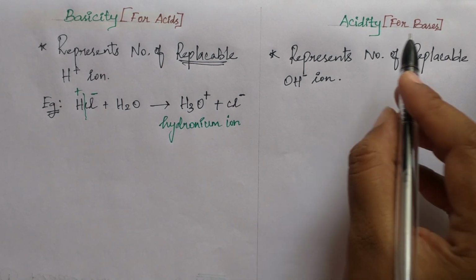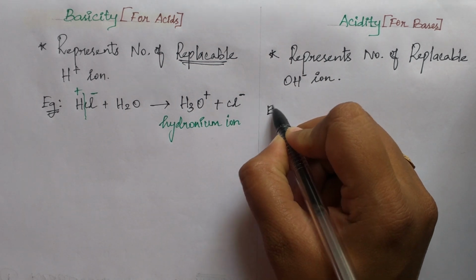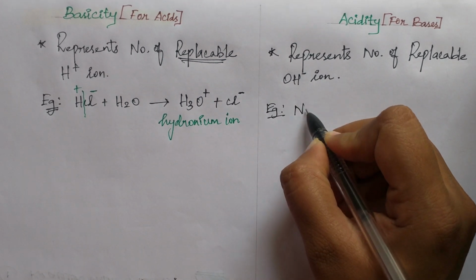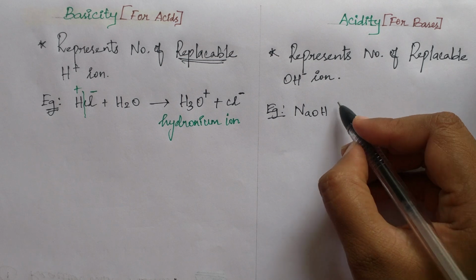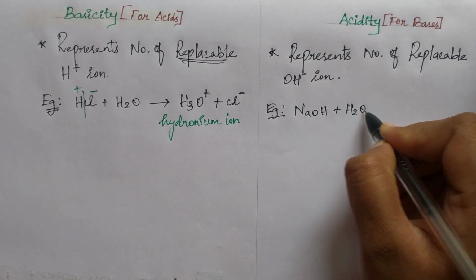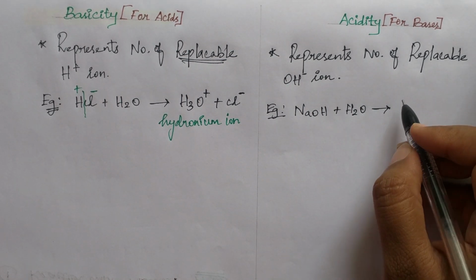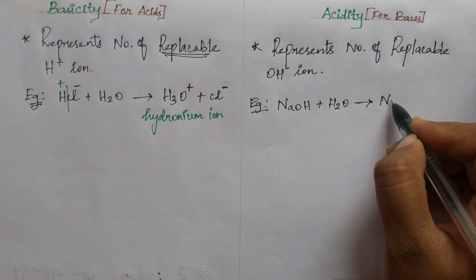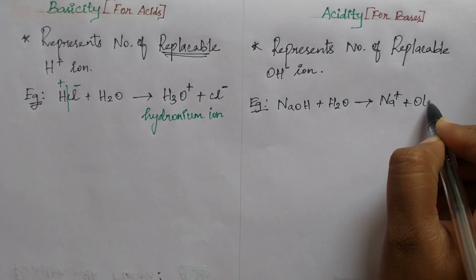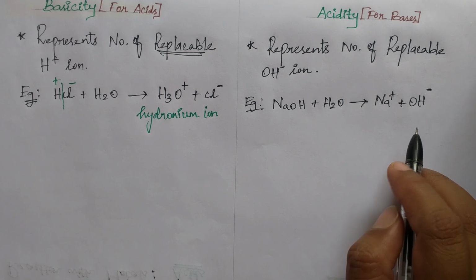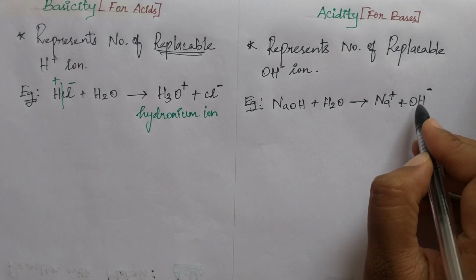Next, for bases, for example sodium hydroxide. When dissolved in water, how many OH minus does it give? See here, Na plus and OH minus. Only one OH minus is produced.